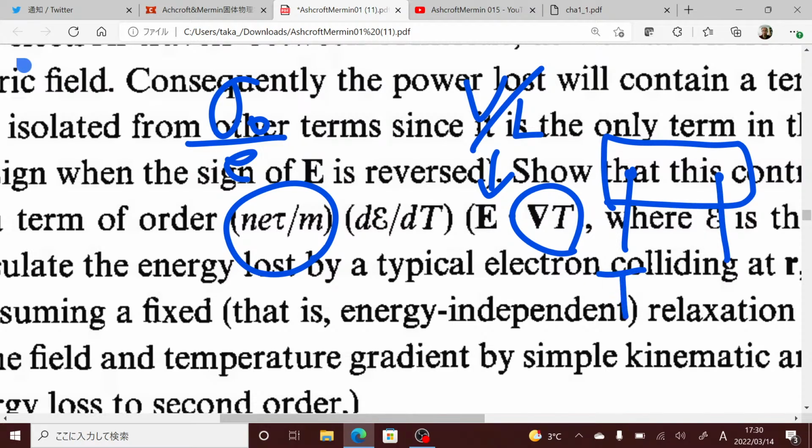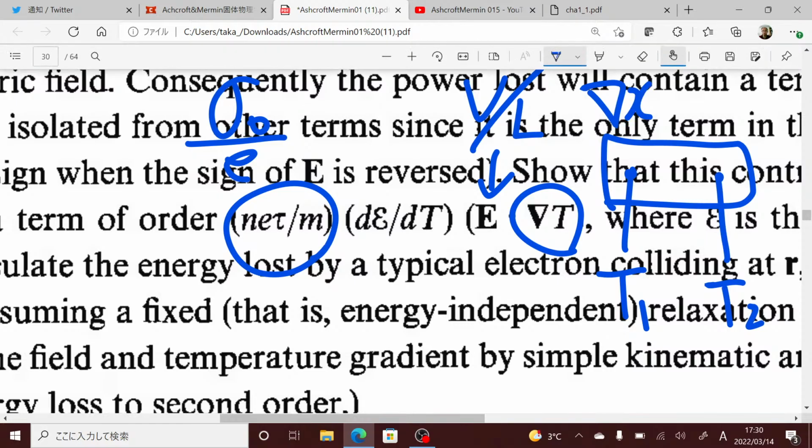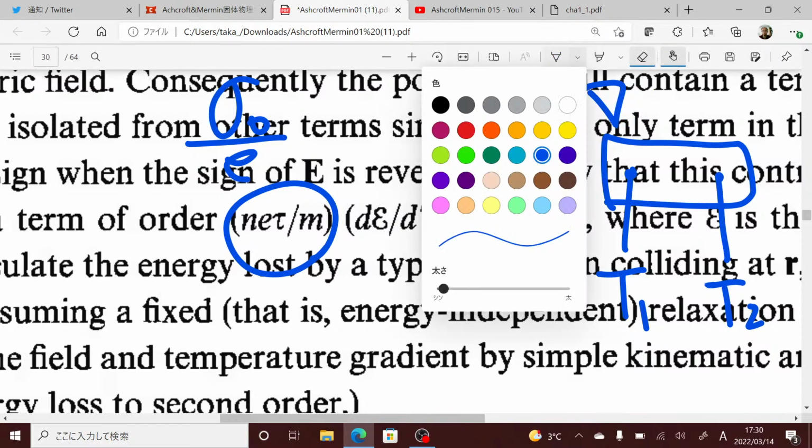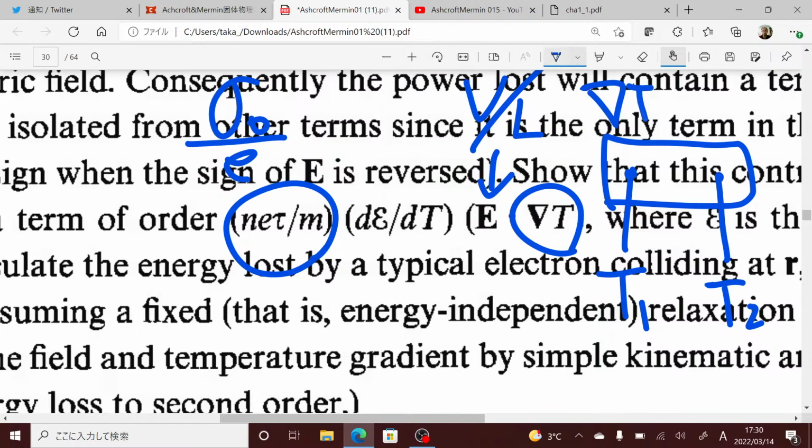So this is temperature 1, this is temperature 2, then the temperature gradient is T2 minus T1 divided by L, assuming this is L. Okay, but the question is, how do we get this one?